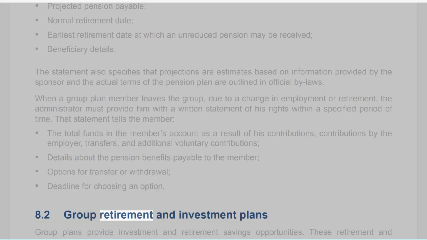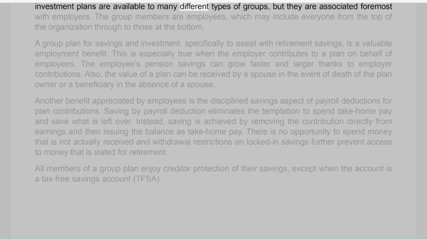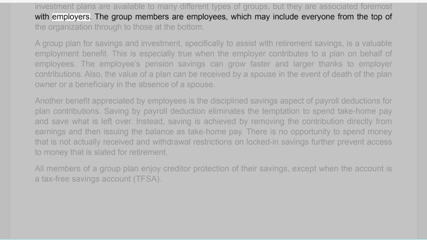8.2 Group Retirement and Investment Plans. Group plans provide investment and retirement savings opportunities. These retirement and investment plans are available to many different types of groups, but they are associated foremost with employers. The group members are employees, which may include everyone from the top of the organization through to those at the bottom.